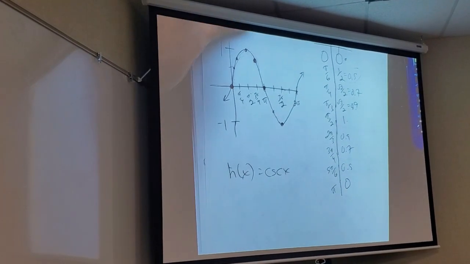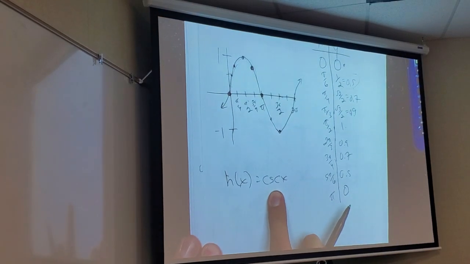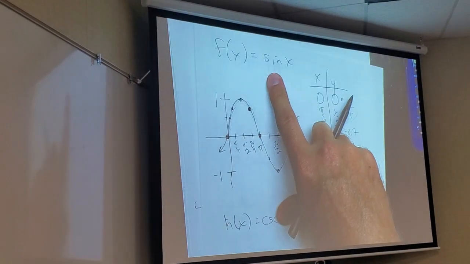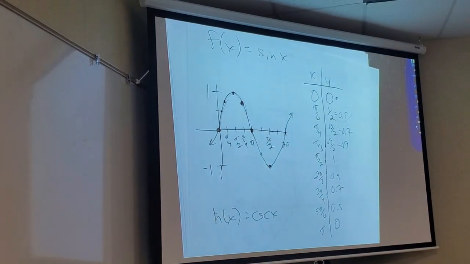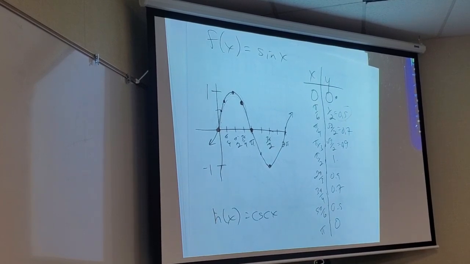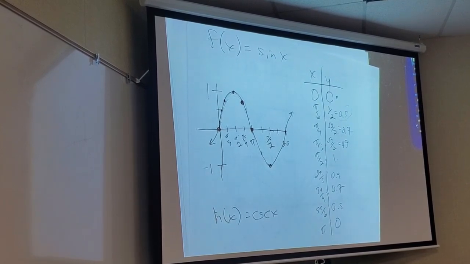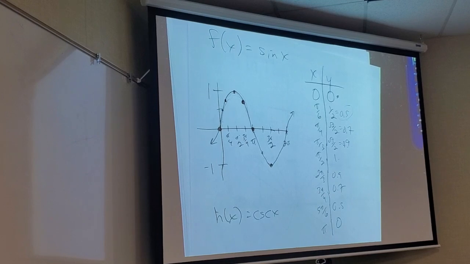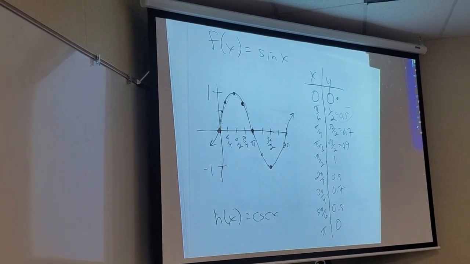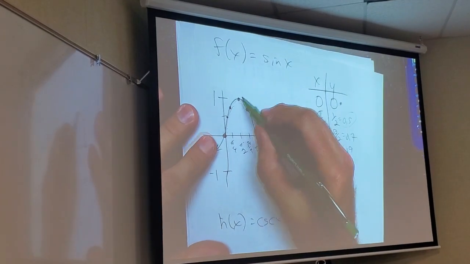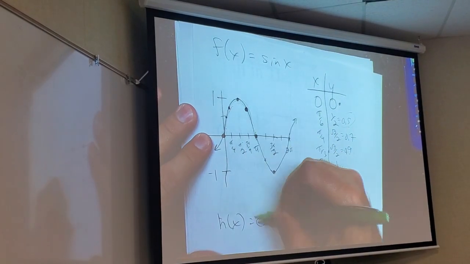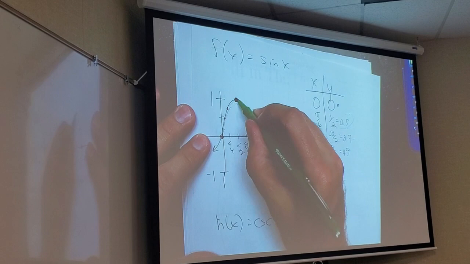Okay. So cosecant. It's 1 over sine, yes? Okay, so watch this. Let's just do this one more thing. So like right here, wouldn't 1 over sine be 1 here?